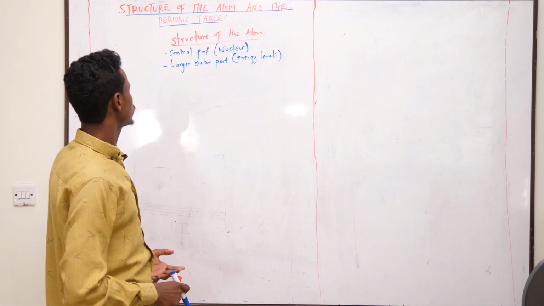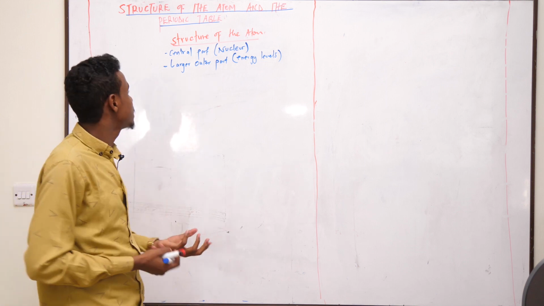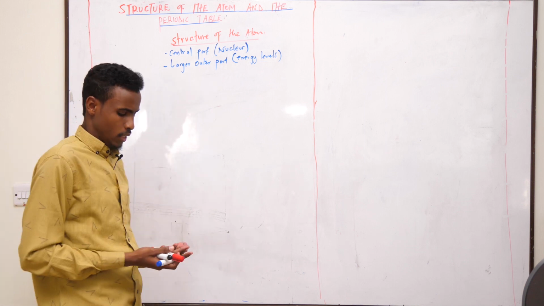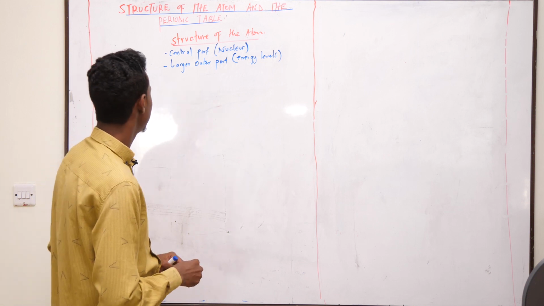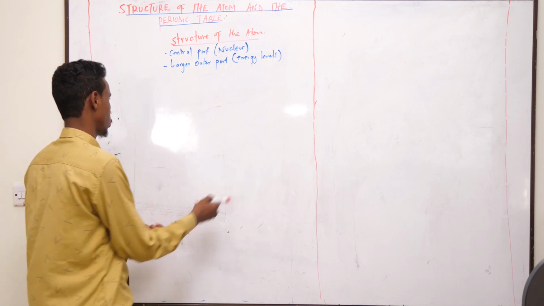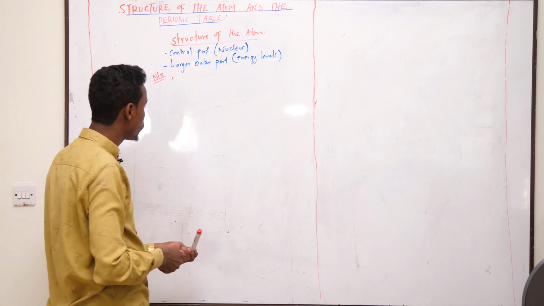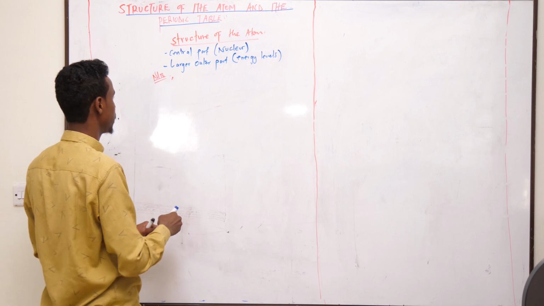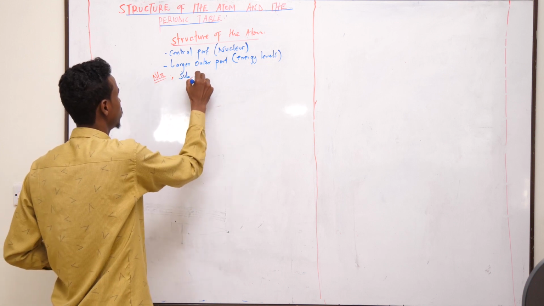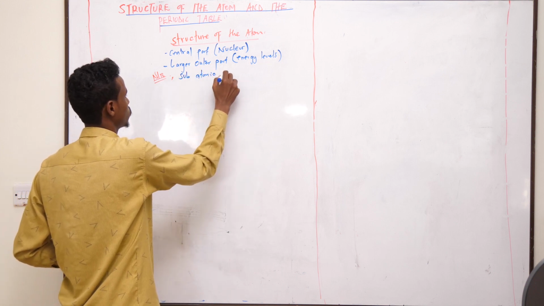Good. Now, again, what is this atom made of? We say an atom is basically made up of subatomic particles. Very important point to note. An atom is made up of subatomic particles.